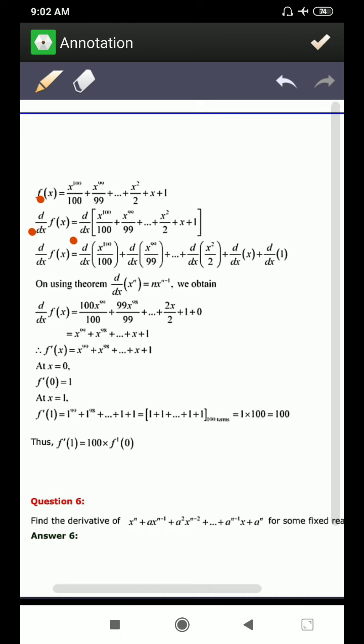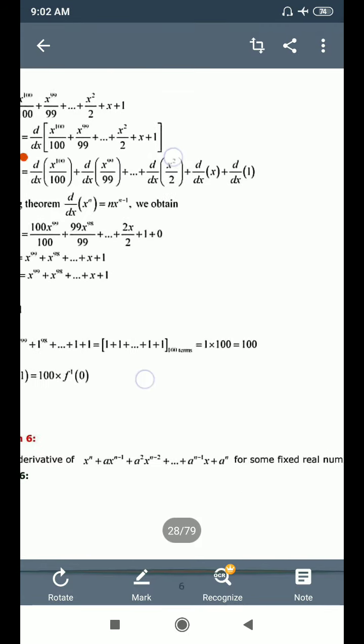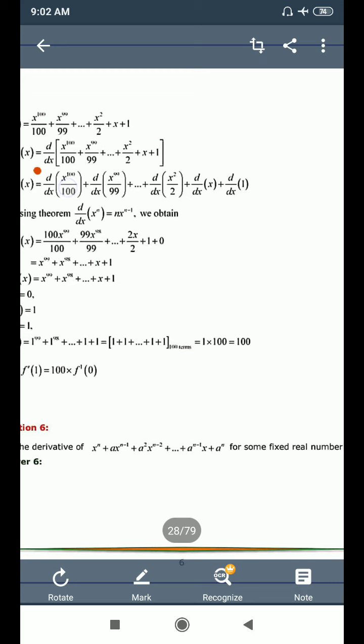On the right hand side there are so many terms, so we'll differentiate all the terms individually. We differentiate this, then the second term, and so on till 1 we will differentiate.